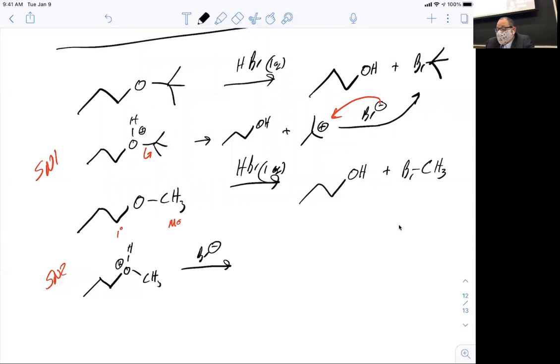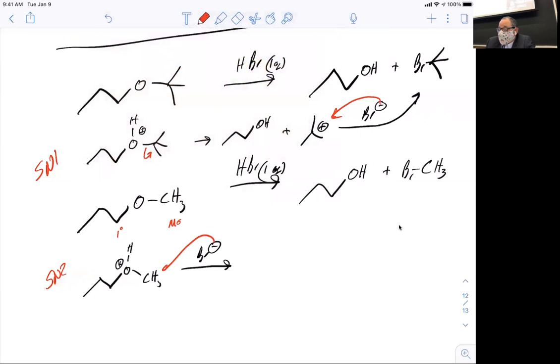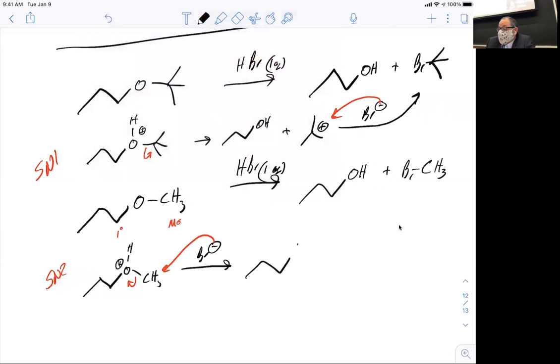In this case, we have a methyl and a primary, so it is the methyl that is more reactive, all right? Which then gives this side as the alcohol plus the methyl bromide.